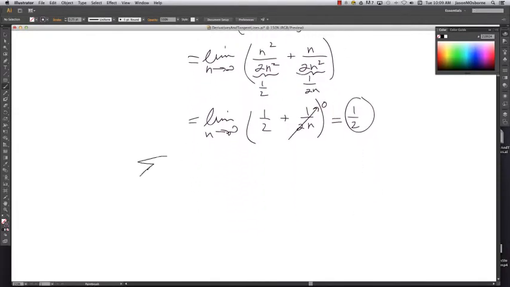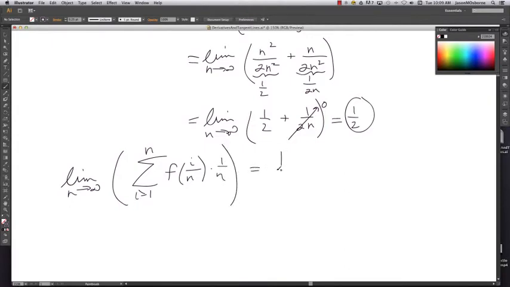So if you were to compute the limit as n goes to infinity, take the number of boxes going to infinity of adding up all the boxes, but you're going to add up n of them. You're going to have the height of the box, and then the width of the box is 1 over n.